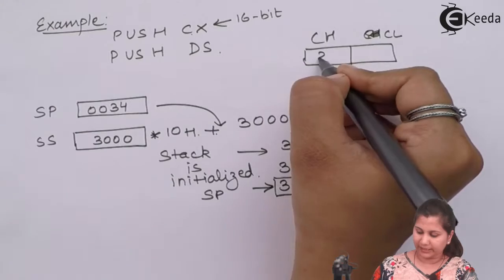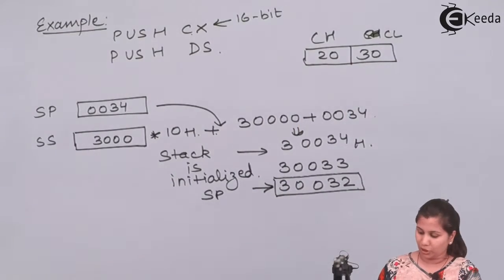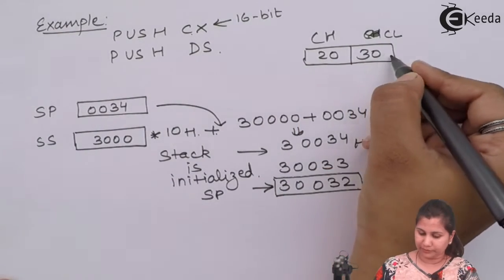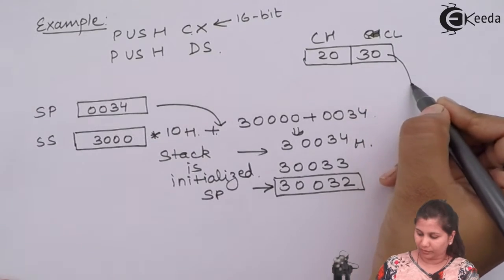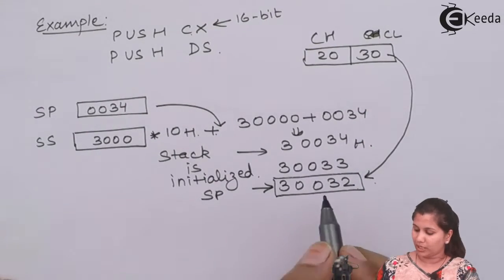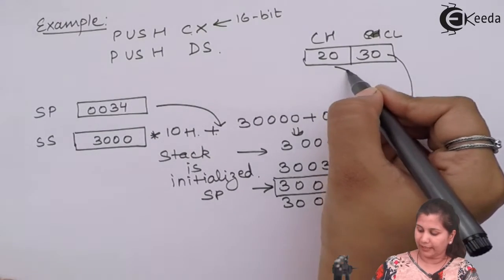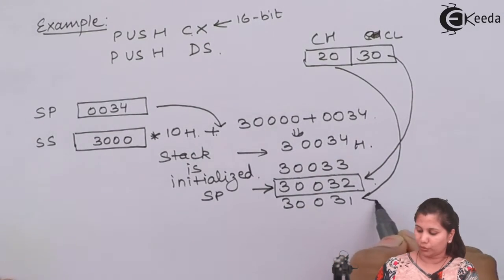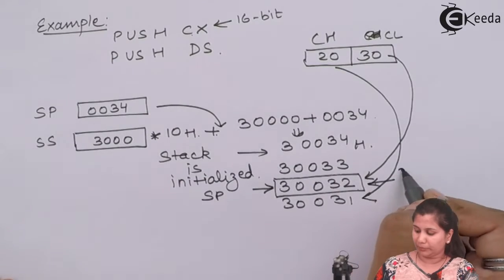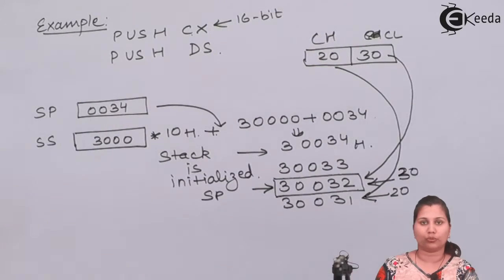Suppose CH has 20 and CL has 30. First the lower order register will be stored at 30032. Again it is decremented, and then the higher order register will be stored. So here 30 will be stored, and here 20 will be stored.